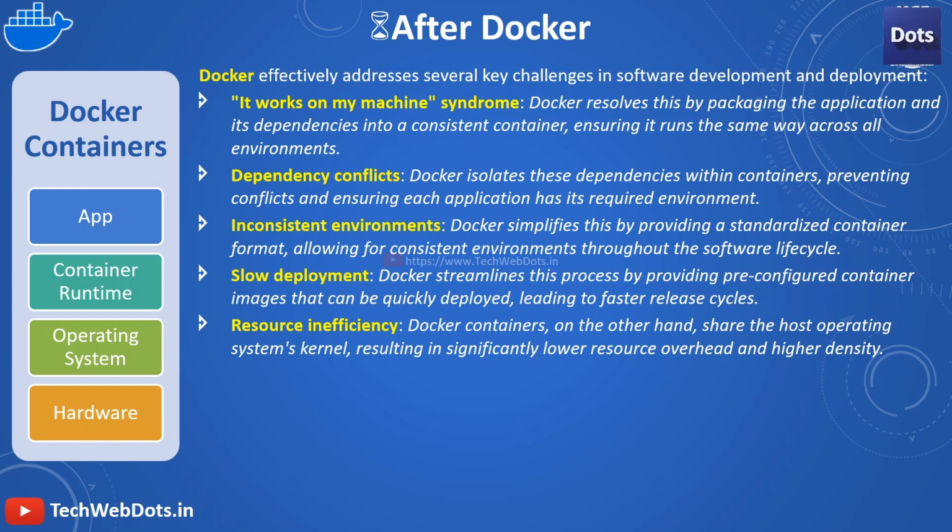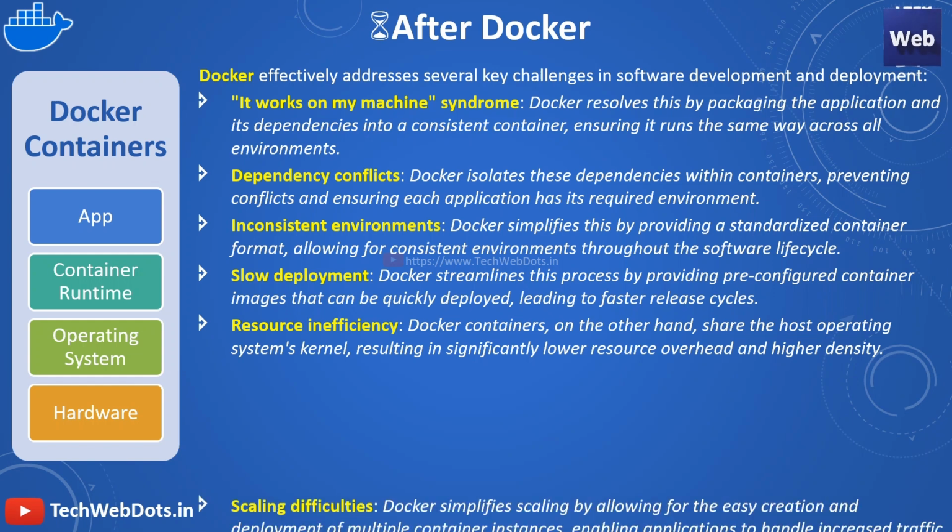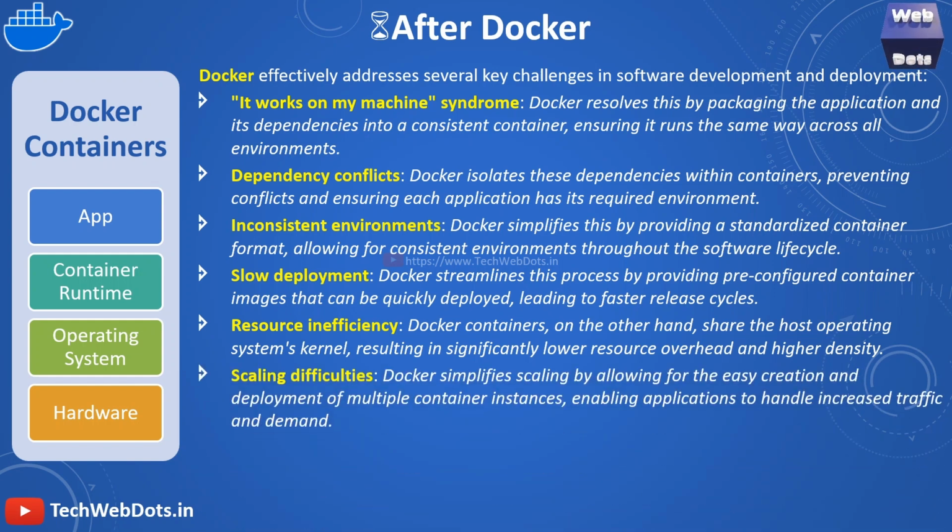Resource inefficiency: Docker containers share the host operating system kernel. It means you don't need to install a complete operating system, resulting in significantly lower resource overhead and higher density. Scaling difficulties: Docker simplifies scaling by allowing easy creation and deployment of multiple container instances, enabling applications to handle increased traffic and demand, and similarly in lower demand scenarios as well.